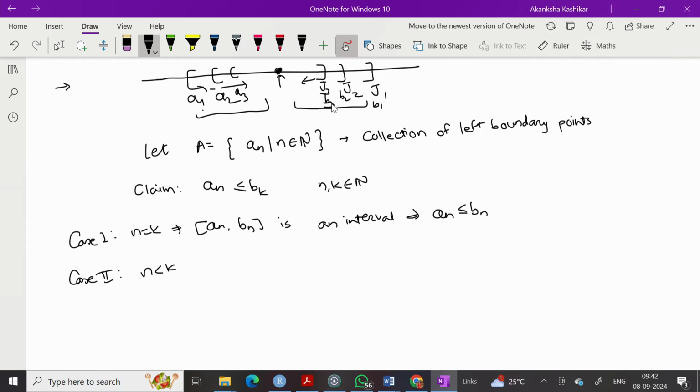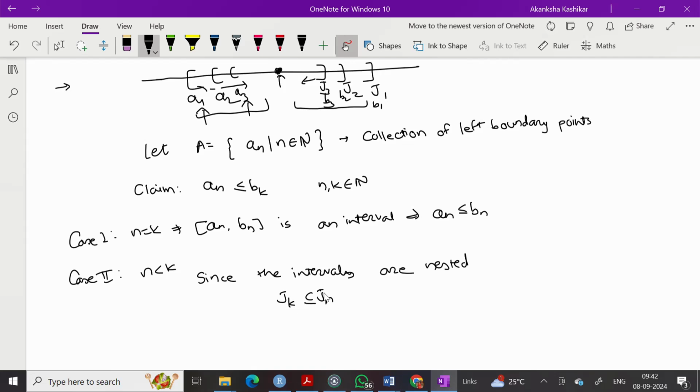If you look at the picture, I can see that A1 is less than A3, and A3 is smaller than B3 from case 1. Correct? So we will do that. For n less than k, what I know is, since the intervals are nested, Jk is a subset of Jn.